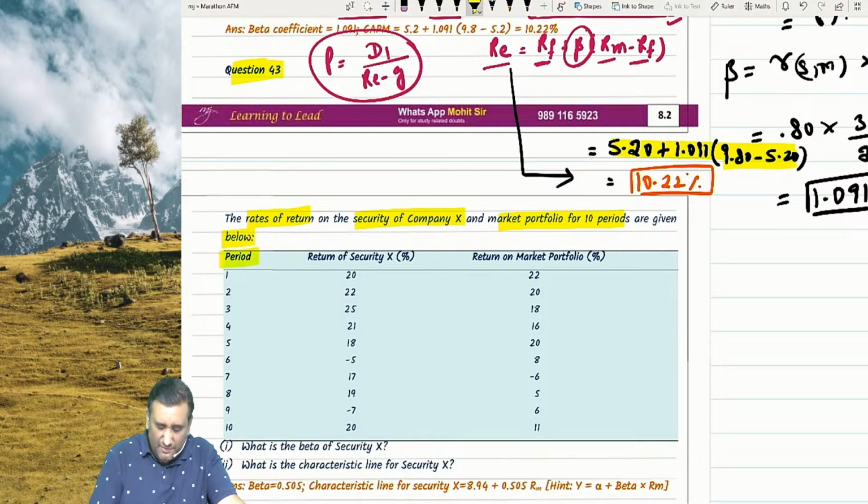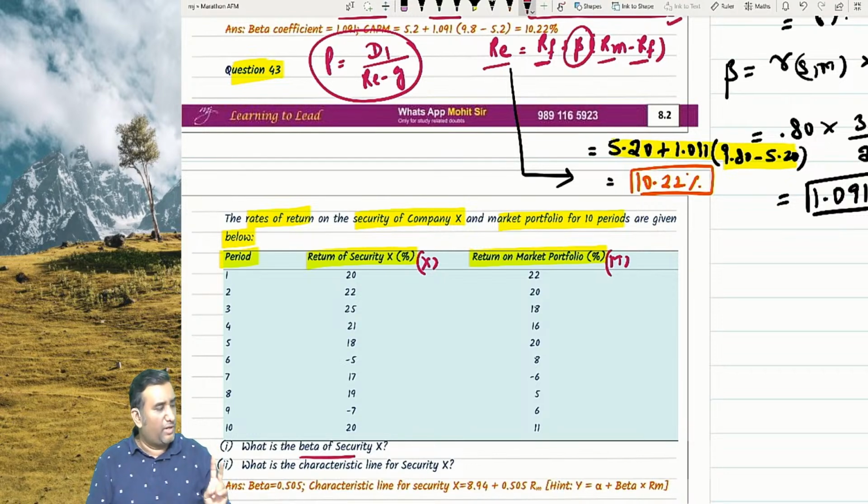You have been given the period, return of security X, and return on a market portfolio. Since they are given historical data, it's historical data which is available. This is X data, this is market data available. Now I have to calculate the beta.